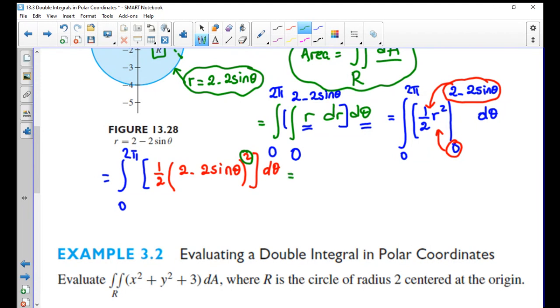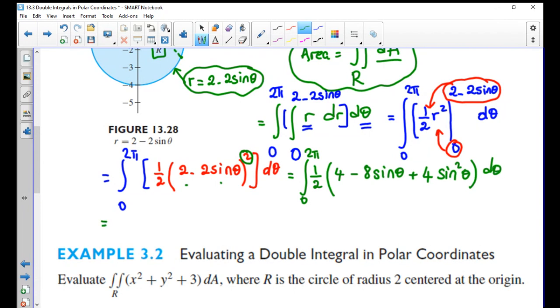So it's going to be the integral from 0 to 2 pi of half, and then 2 squared, which will be 4, and then this times 2, so minus 8 sine theta, and then plus 4 sine squared theta, all of this d theta.